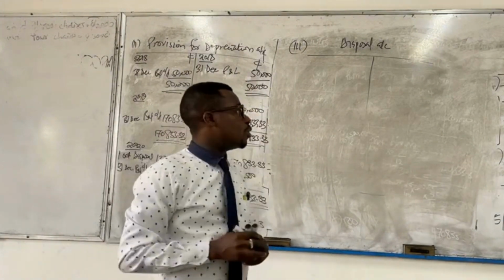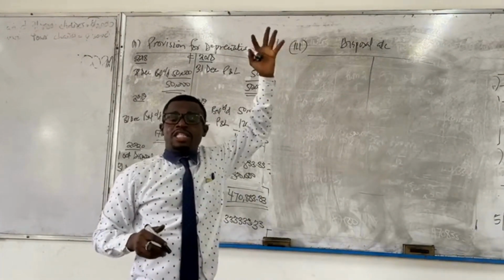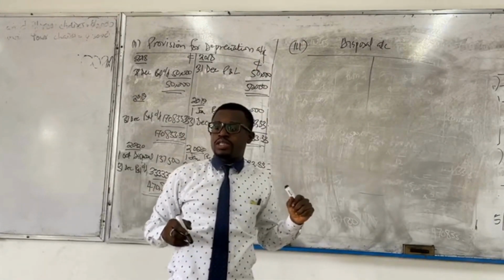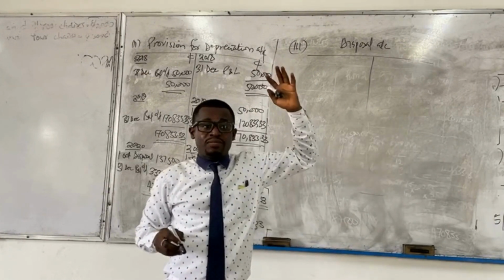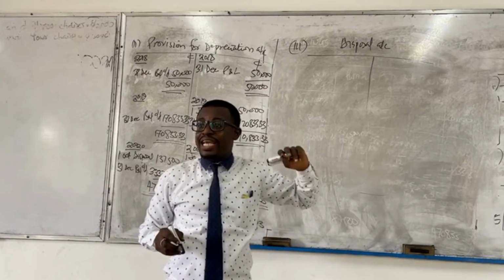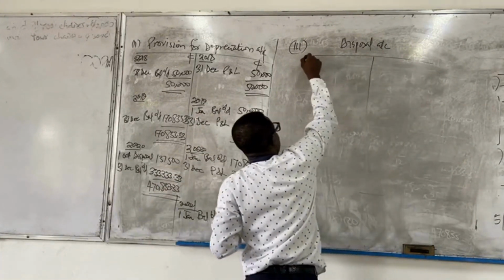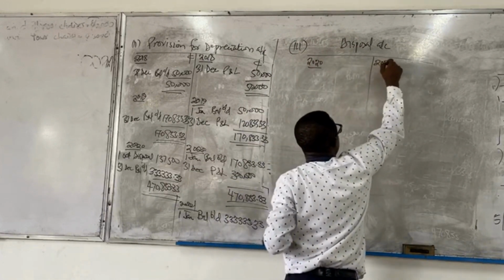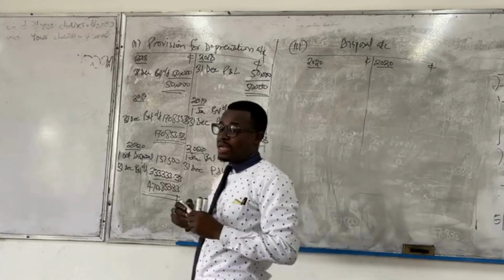So, for example, in the plant and machinery account, or the first account, on which date did we record a disposal? On which date? 1st October. Which year? So I also write at the beginning, I write 2020 here. Then also write 2020 there. Ghana cedis.